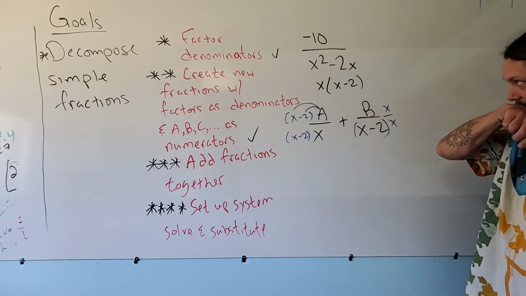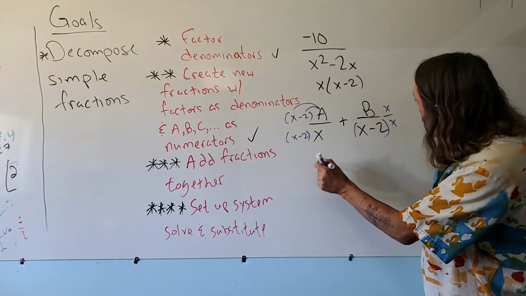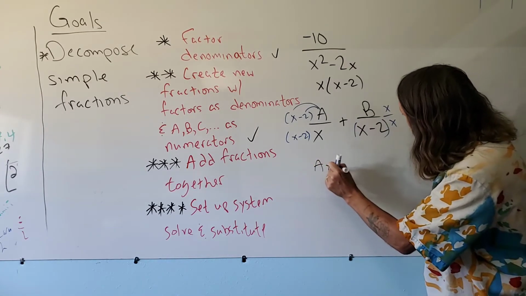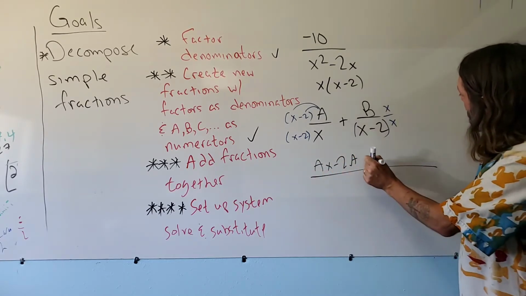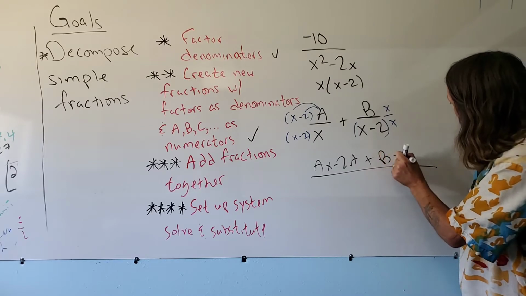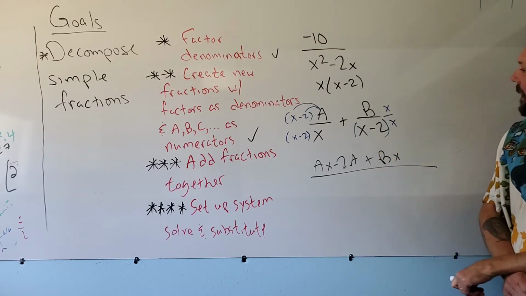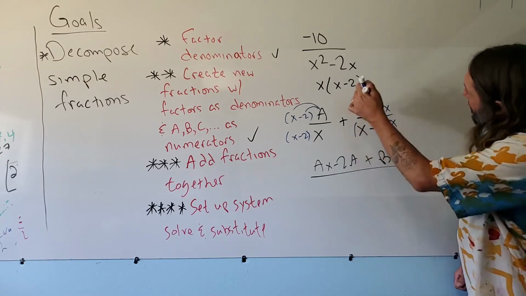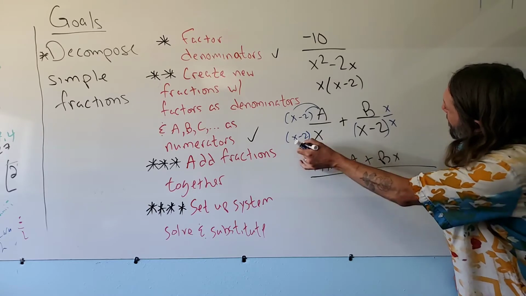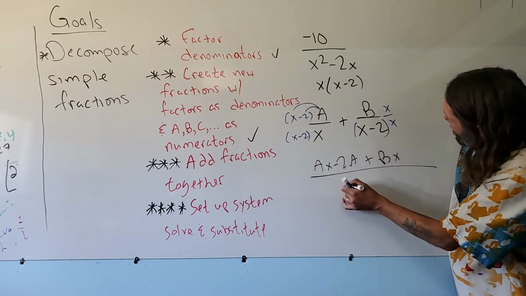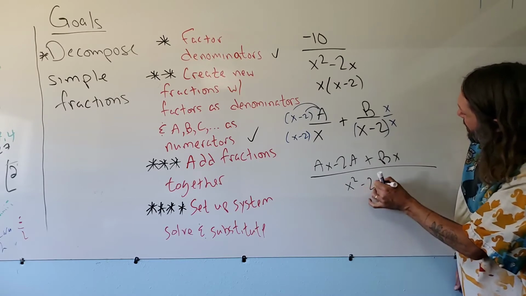All right, so let's see here. So now this becomes ax minus 2a plus bx, okay. And now I have my denominator, x times x minus 2, which is x squared minus 2x, right?